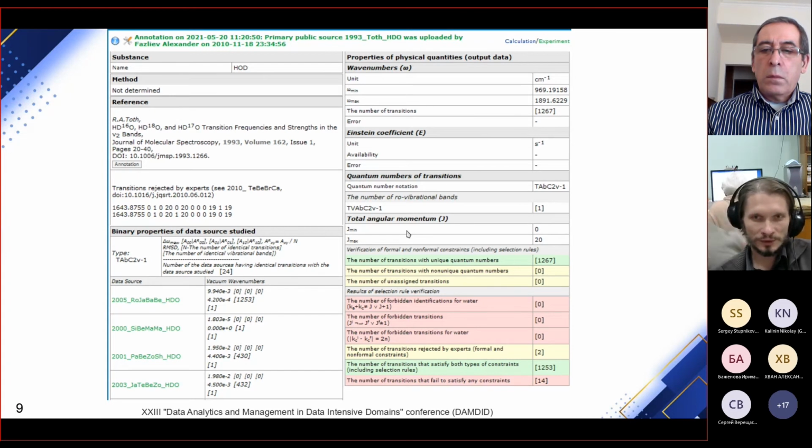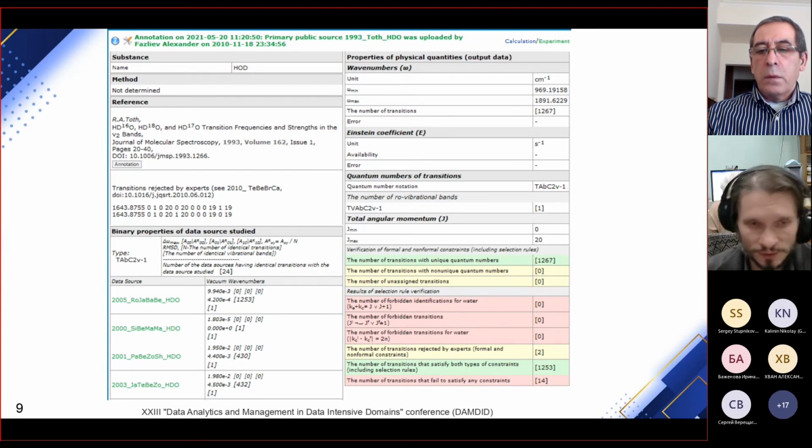Binary properties are the representation of correlation between different data sources. For example, you can see that this data source correlates with 4 other different data sources for the HDO molecule.